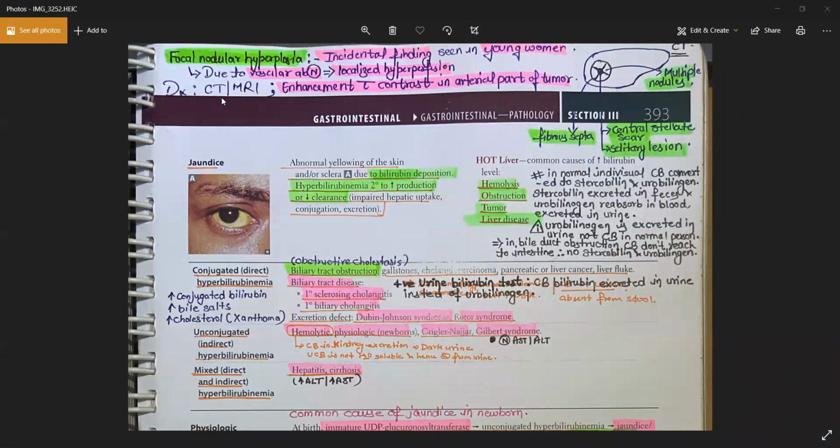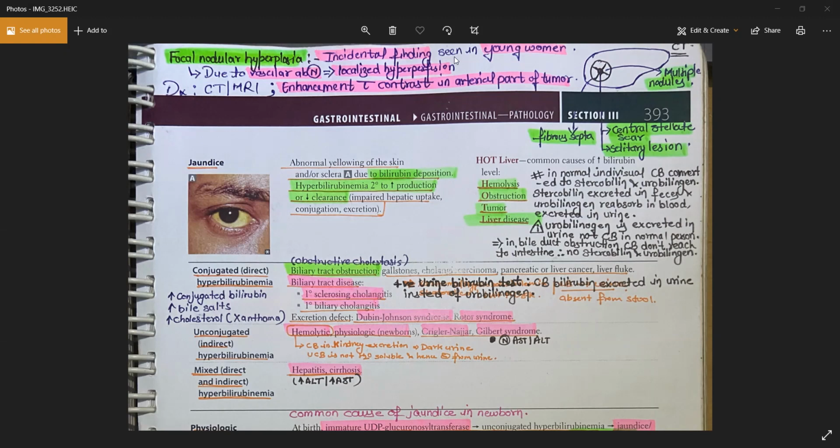It's just because you're having a kind of AV malformation in the liver, and as a result, because of this vascular abnormality, you're going to have a localized hyperperfusion, right? You will be having too much oxygen, too many nutrients, and too many growth factors. And this localized hyperperfusion will promote the hyperplasia of a particular area in the liver.